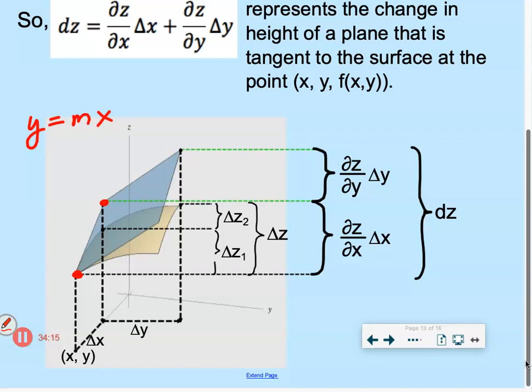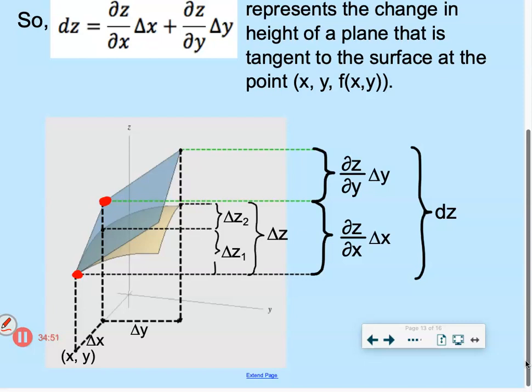If I multiply the slope of this line times how far my x has changed, the change in x, what I end up with is my new y value. In this case, instead of y, it would be z. So if you think of it in just two dimensions with an input and an output, if I do slope times how far I've gone, I get my new output value.